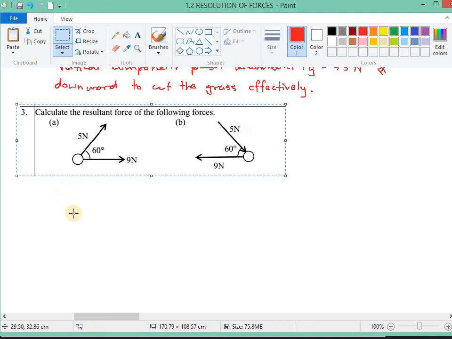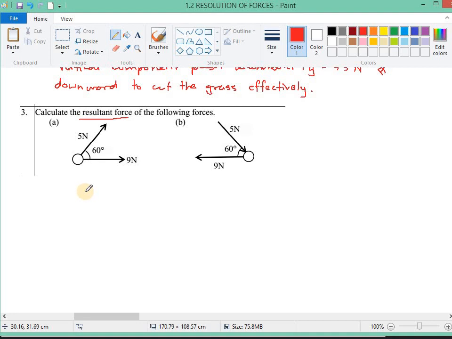This question number 3 wants us to calculate the resultant force. It doesn't want you to find the components of the forces, but just to calculate the resultant force. You see these two forces are not perpendicular to each other, they are not 90 degrees.